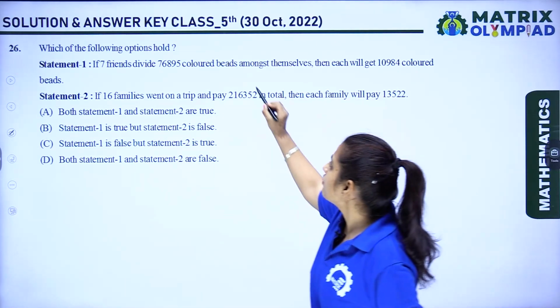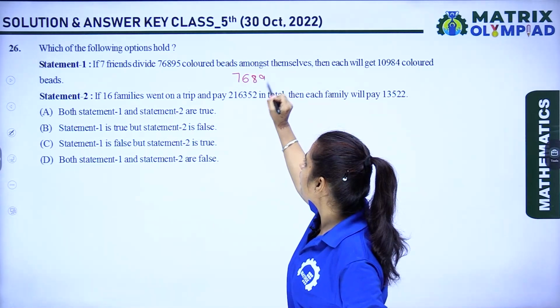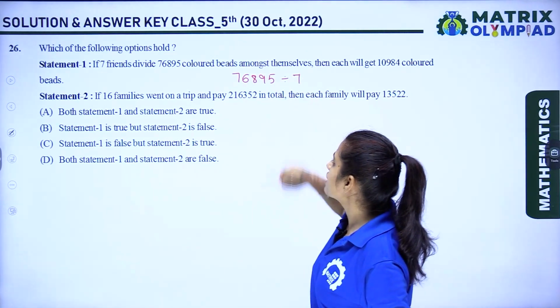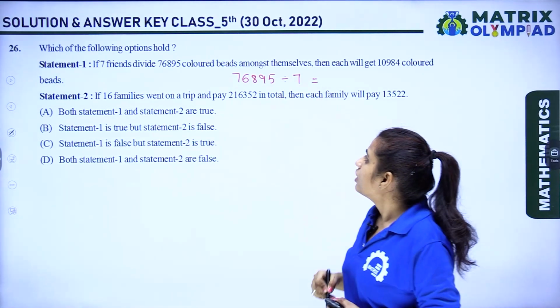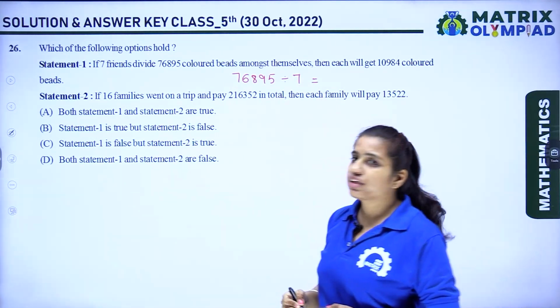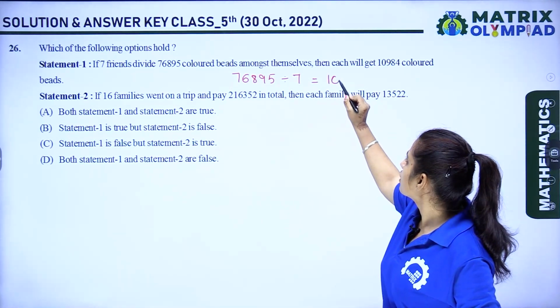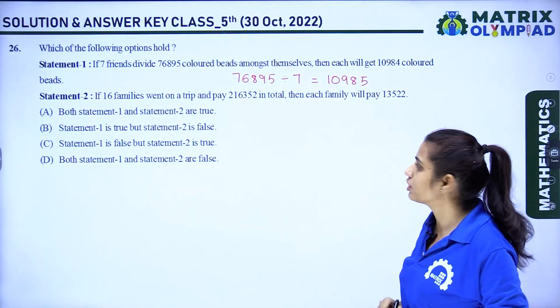So let's divide 76,895 beads among 7 friends. After dividing these colored beads among 7 friends, we get the answer 10,985.